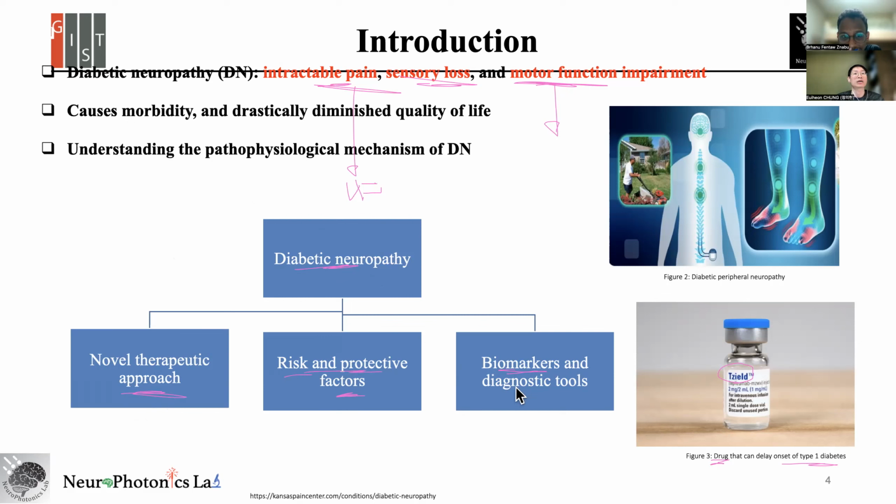And we need the biomarkers and diagnostic tools and therapeutics. If from this, I would put this is the first, this is second, this is necessary, this is the third. So it's weird that this one comes at the front. I think this one should go to the last when you're making a story out of this diabetic neuropathy problem.